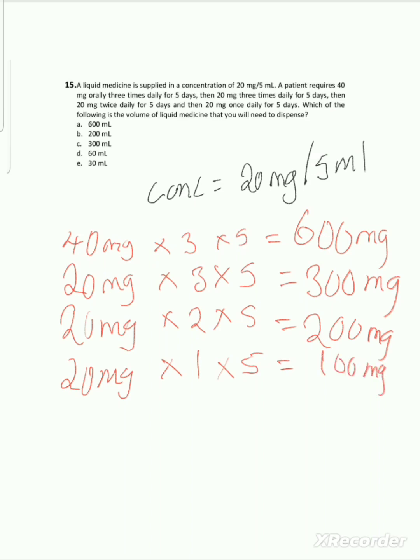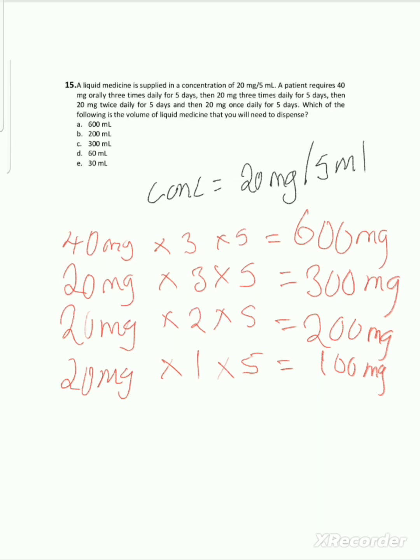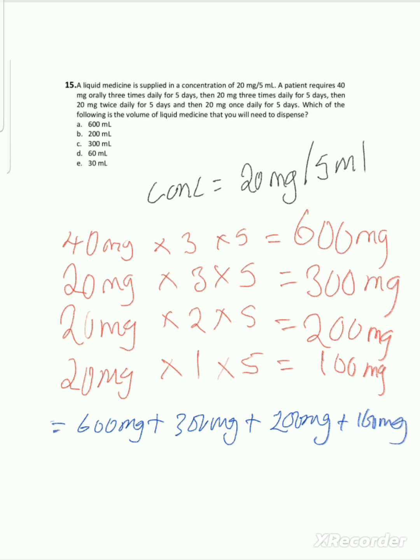I want just to know the amount of this medicine. Let's try to add now so that we see the amount of this medicine in milligrams. So we're going to say 600 milligrams plus 300 milligrams plus 200 milligrams plus 100 milligrams.